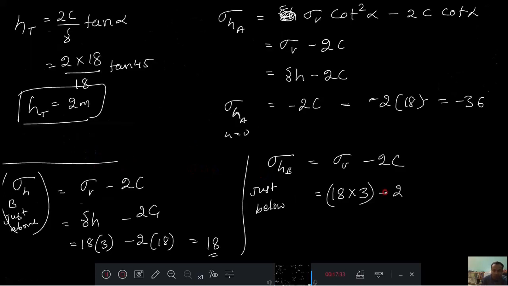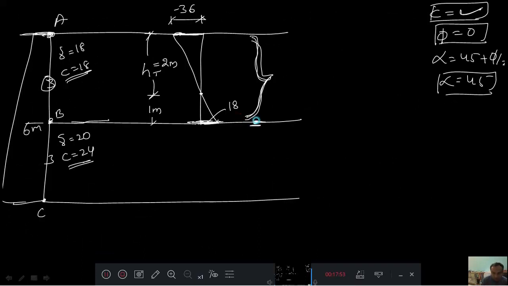That belongs to 24. 2 into 24. Therefore the answer is 18 into 3 minus 2 into 24, that is 6. I got 6 here. Means I will write that 6 somewhere here. Okay, then I will have a fresh reference line. Then this is 6, then I will let it down, that 6 will come down.